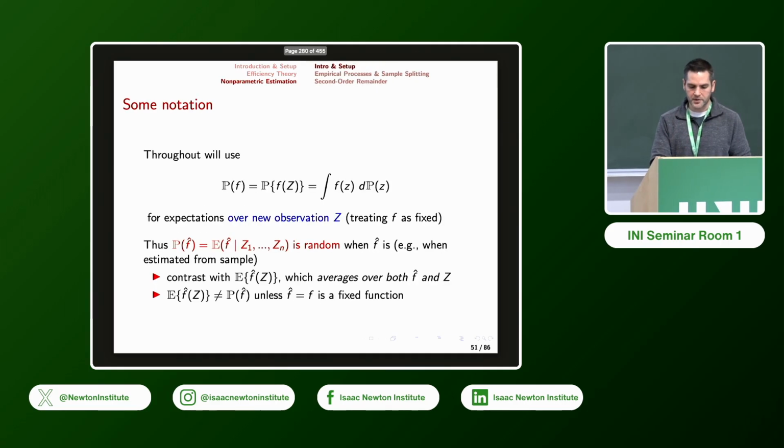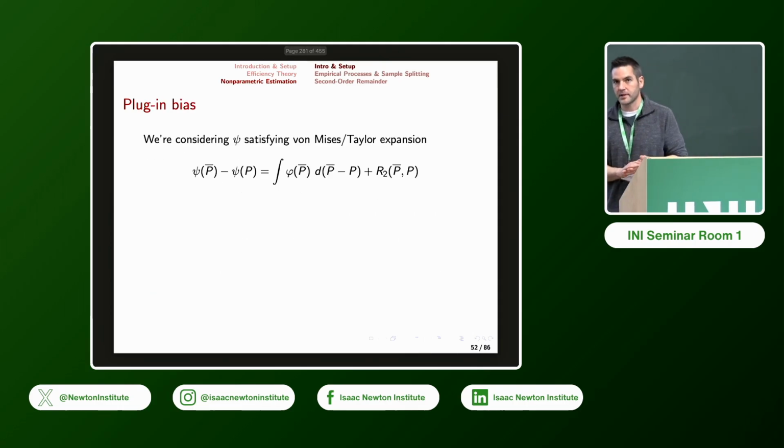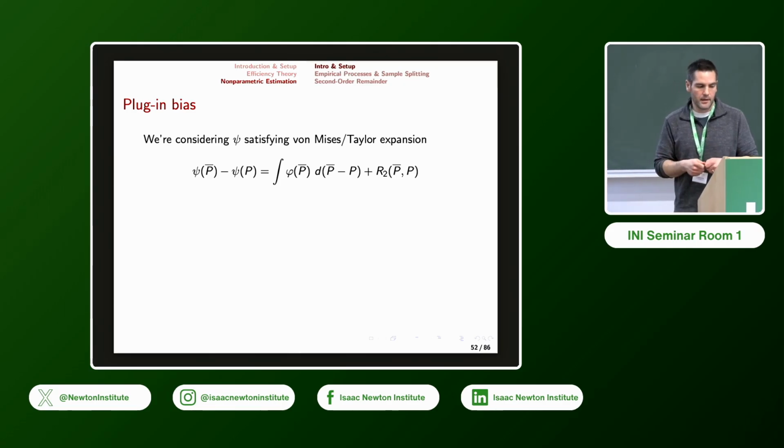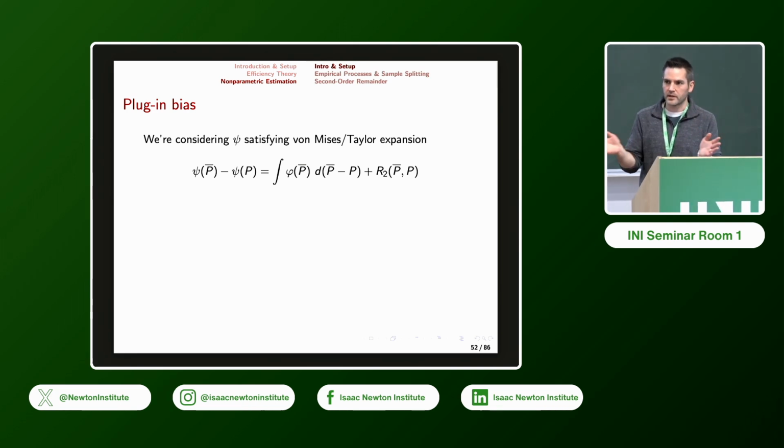Okay, so now we're going to construct estimators, and the main point I want to make, which I've said a couple of times, is that this functional expansion, and this derivative term in particular, is going to be the key part of constructing bias-corrected estimators, which have nice properties. And it's going to drive the analysis of these estimators, which again is a little bit surprising, that this is going to do all this work in these three different directions.